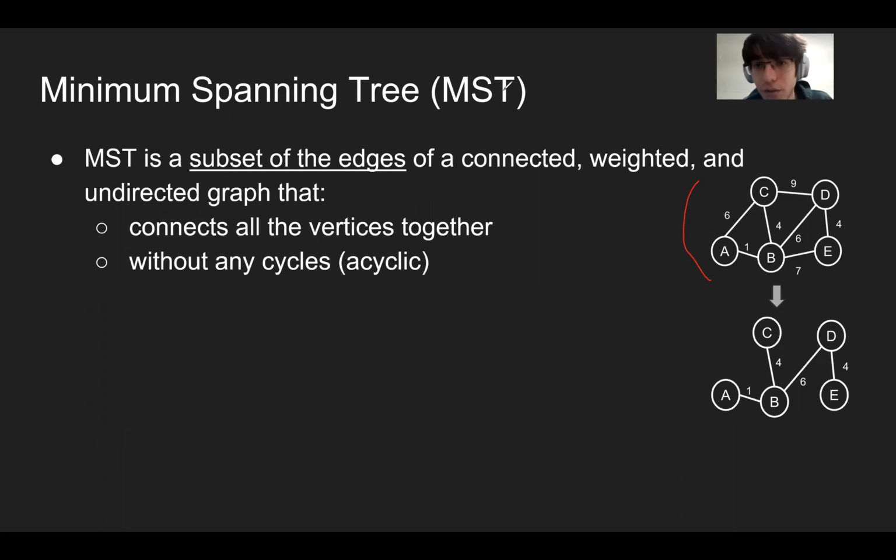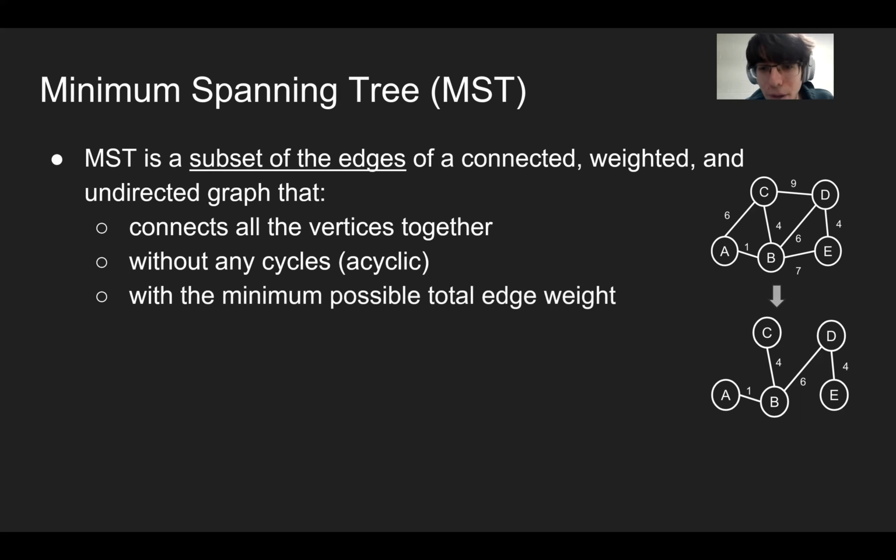But for the general case, it doesn't have any cycles is something we would mention. But if it's all positive edge weights, then we don't have to mention it, because if we just add extra edges, it would cost more. So anyway, the idea is we don't have any cycles, we connect all the vertices together, and it's the minimum possible total edge weight.